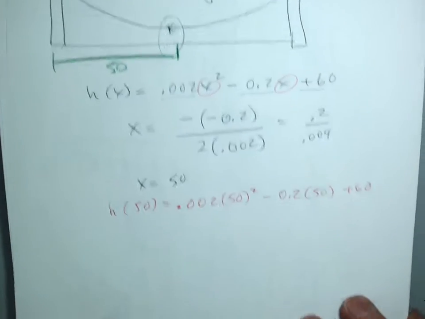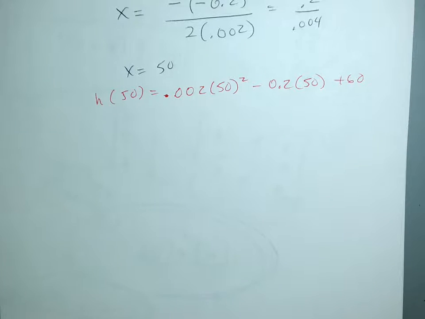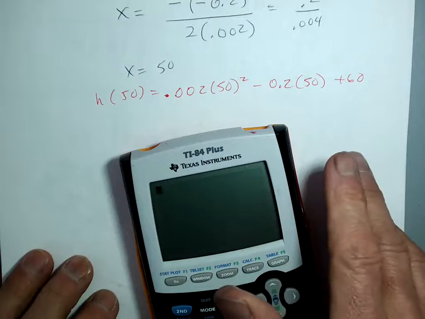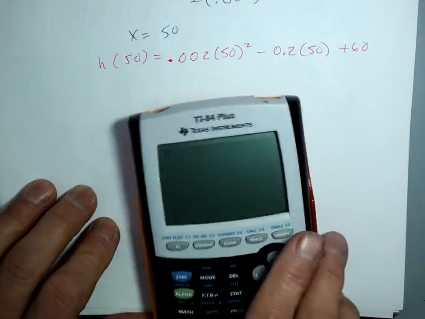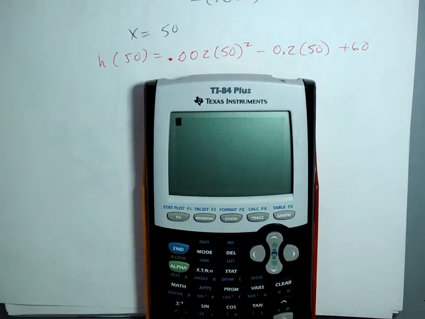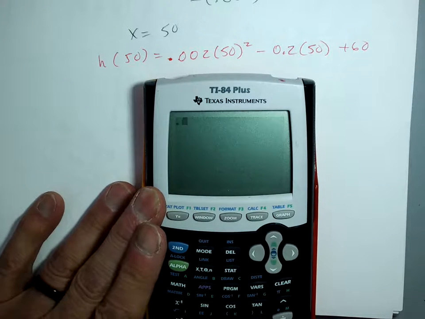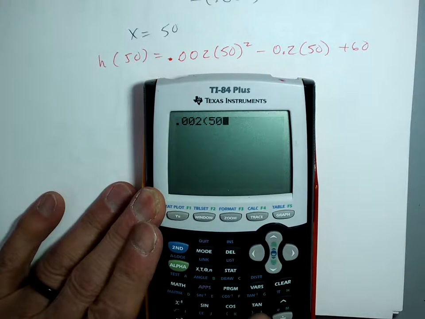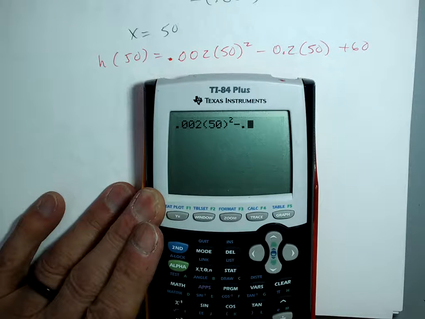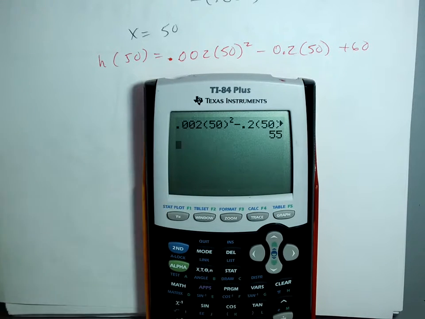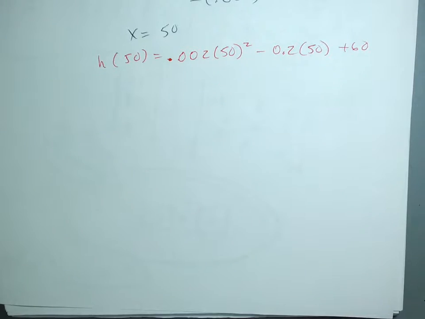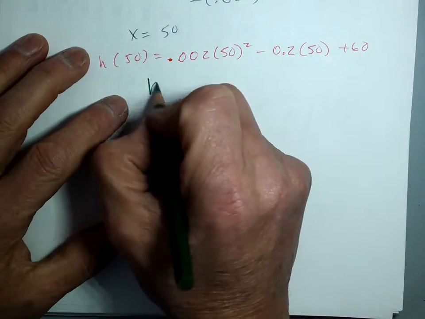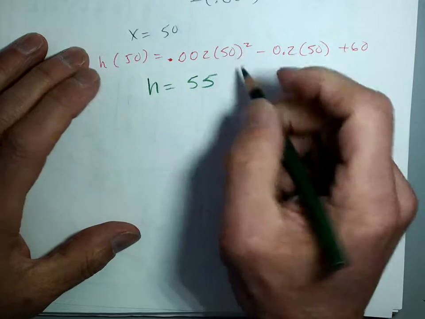My goodness gracious, you guys, please use your calculator. This is not a math class to find out if you can multiply decimals. If you can't multiply decimals, just use a calculator. I get an answer of about 55. So it's about 55 feet off of the river. So the height would be 55 feet.